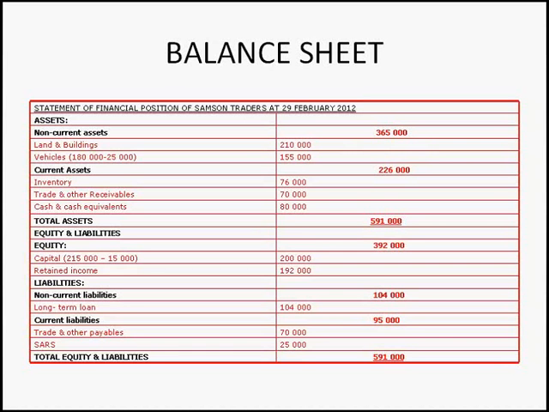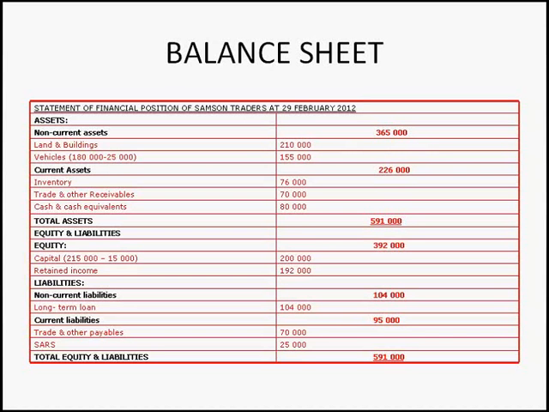So these will differ from one question to the next, but the layout and the format of the balance sheet will stay the same. So I've got a heading for the balance sheet that says Statement of Financial Position of Samsung Traders at 29 February 2012. Remember that a balance sheet is done on a specific day, so the heading says "at" that day because it's only valid for that day.